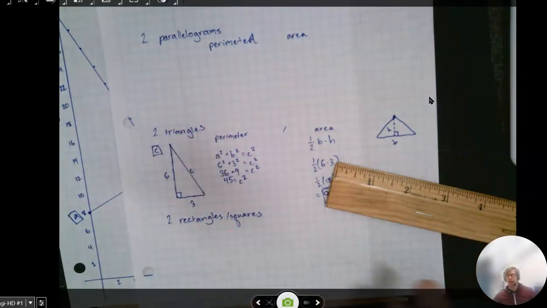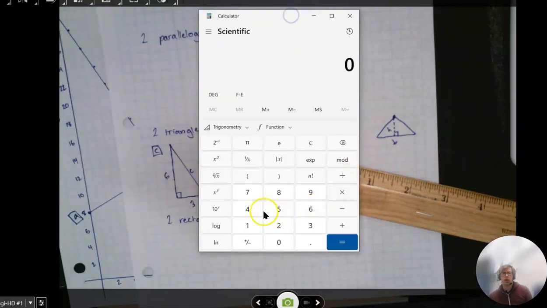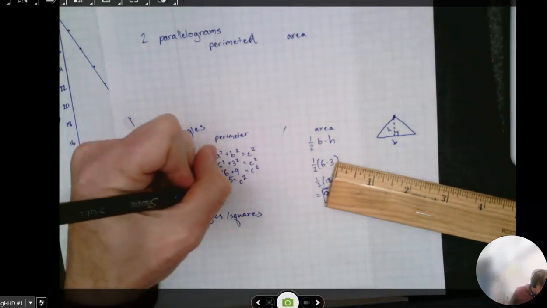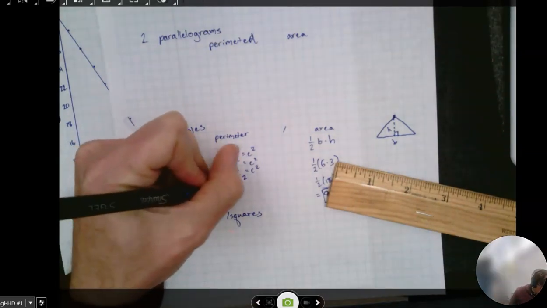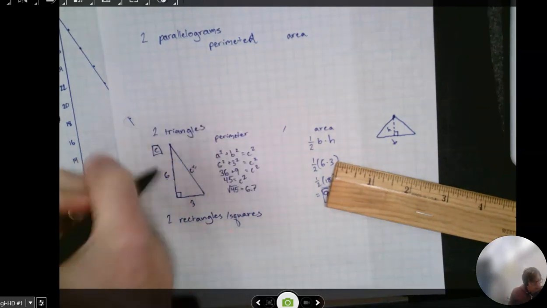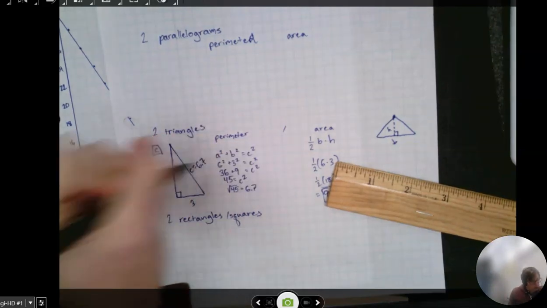And I would need to use a calculator for this. I'm going to pull one up here. So, square root of 45 is 6.7 when I round it. So we're going to say square root of 45 equals 6.7. And then I'm going to go ahead and write that right here. 6.7 units.